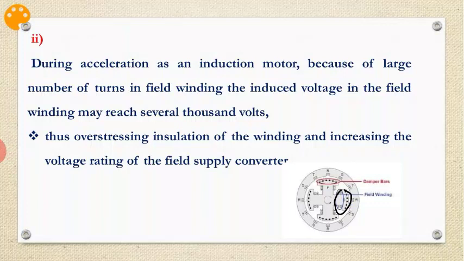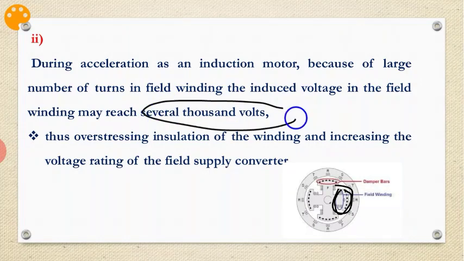Because the rotor is rotating, voltages are induced in the field winding, which is in the rotor. When you start as an induction motor and the rotor rotates, I repeat, the induced voltage in the field winding can reach thousands of volts.